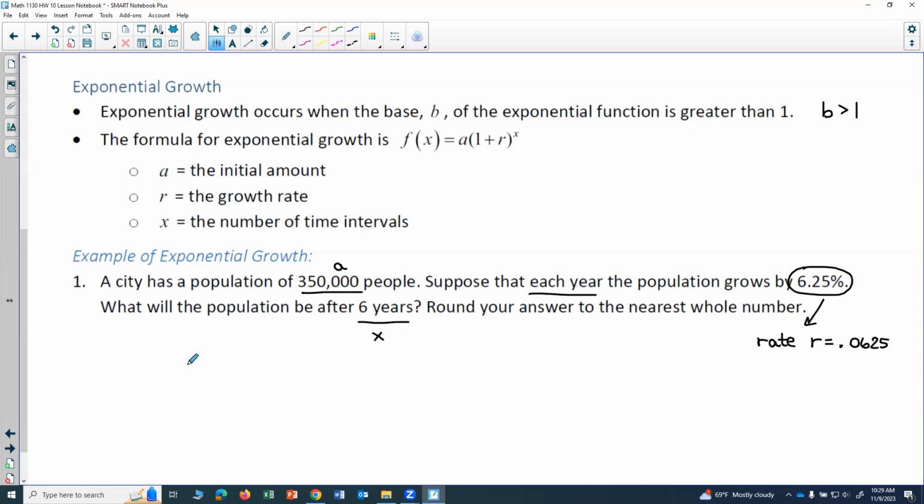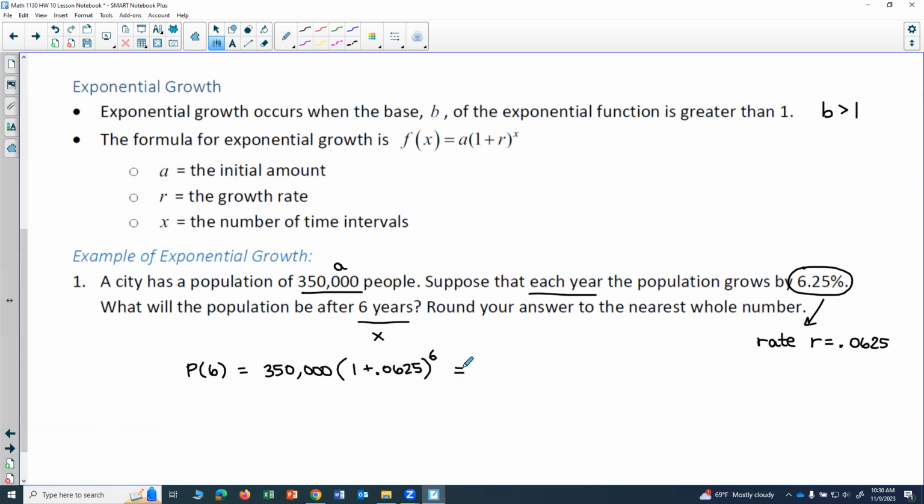So the population after 6 years, I would write that as P of 6, is going to be the initial amount, so 350,000. I'm sorry, it's not dollars, it's people. So 350,000 people times parentheses 1 plus 0.0625 raised to the 6th power.